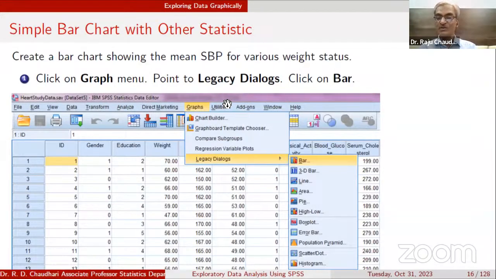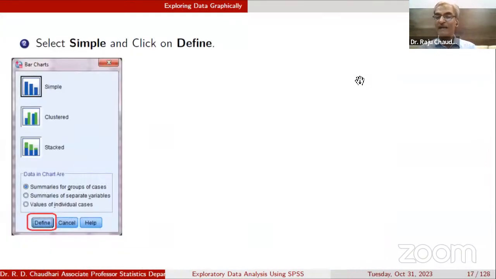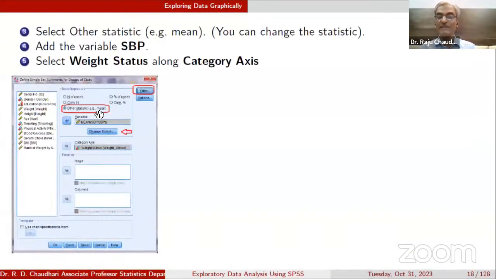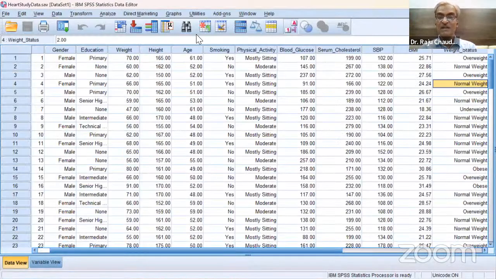How to do that? Just go to Graph, Legacy Dialogs, click on Bar, again select Simple, and here you can choose other statistics. Let me show you.